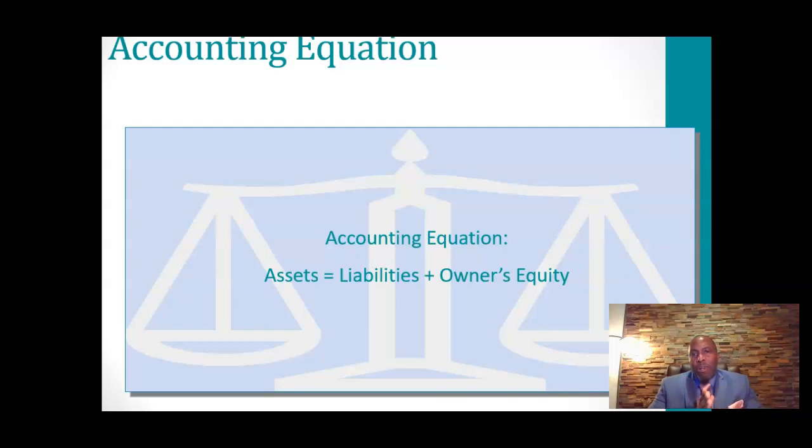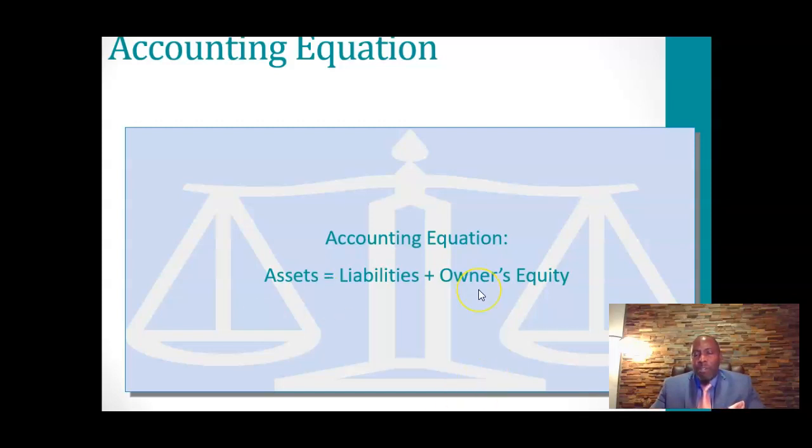So when a company owes another company because they received product or services on account, meaning on credit, they have what's known as liabilities. If you have credit card debt, a mortgage, car note, or student loans, then you have examples of liabilities.